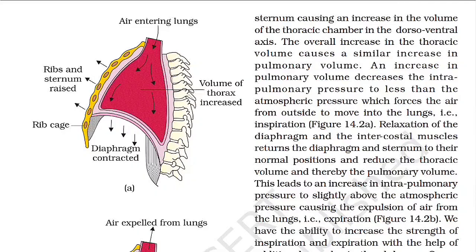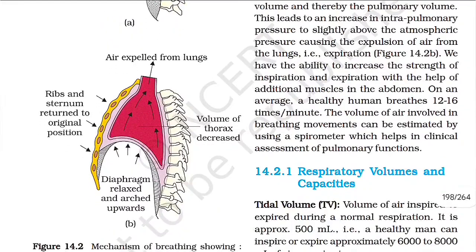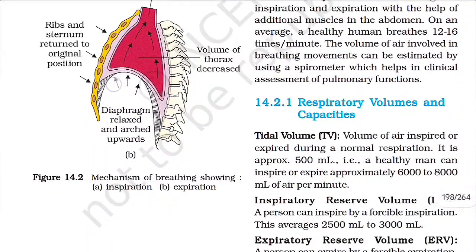We have the ability to increase the strength of inspiration and expiration with the help of additional muscles in the abdomen. On an average, a healthy human breathes 12 to 16 times per minute.